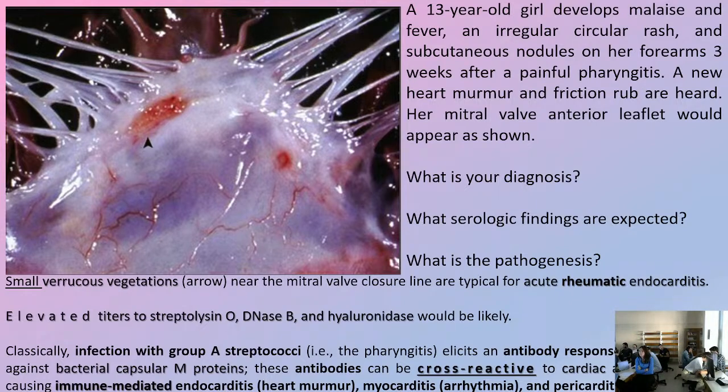What is the friction rub? The infiltrate gathering in places of the body where we have cavities lined by mesothelium, such as the pleura, the pericardium, the peritoneum. These inflammatory infiltrates are rich in fibrin.